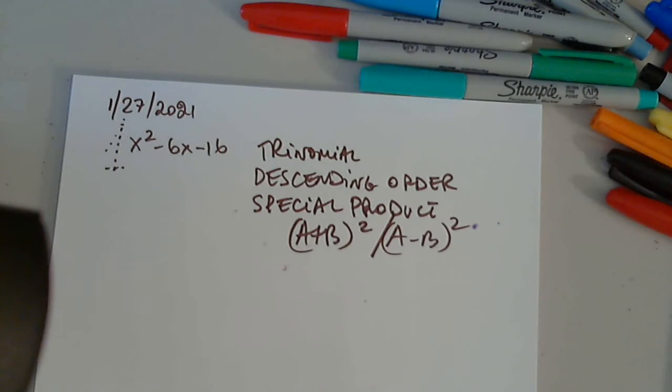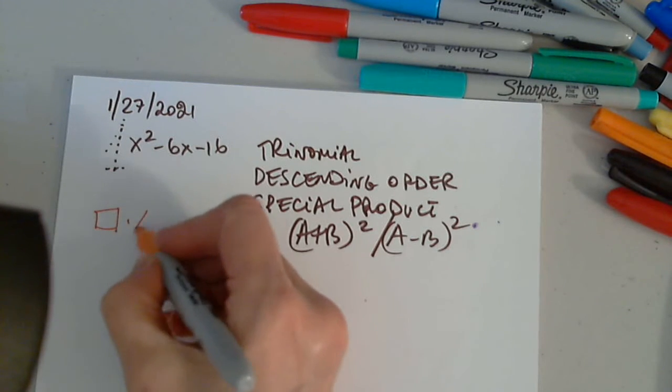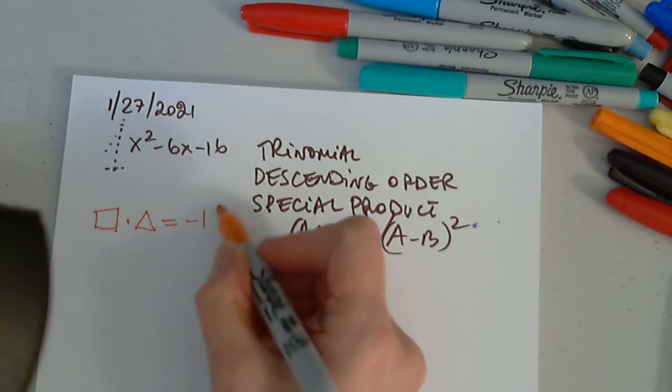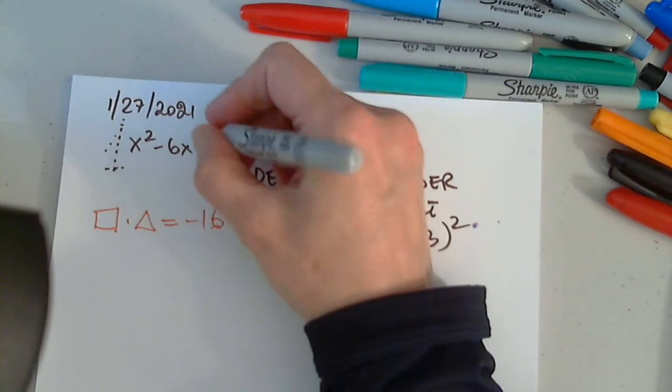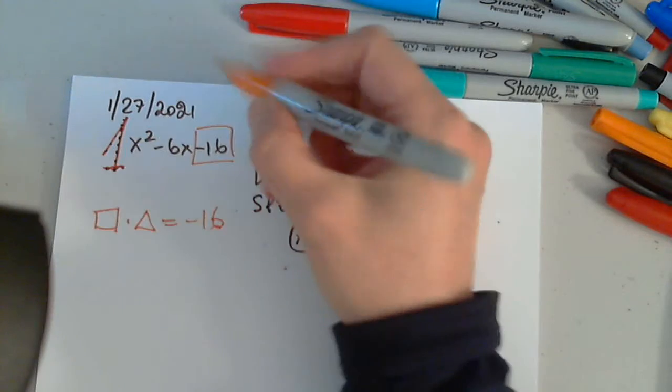At this point, I will try to find two numbers whose product is, can anyone help? Negative 16. Negative 16, very good. This is always the product when the leading coefficient is 1.